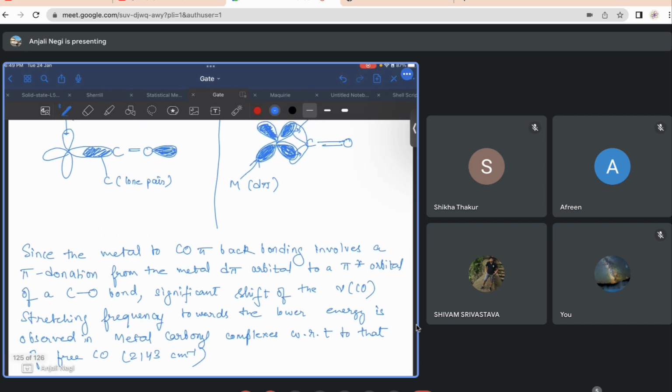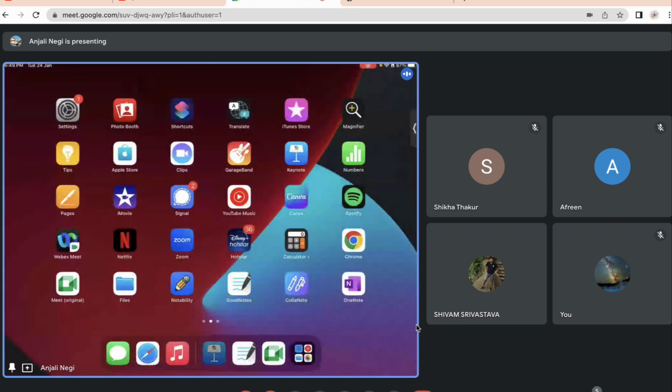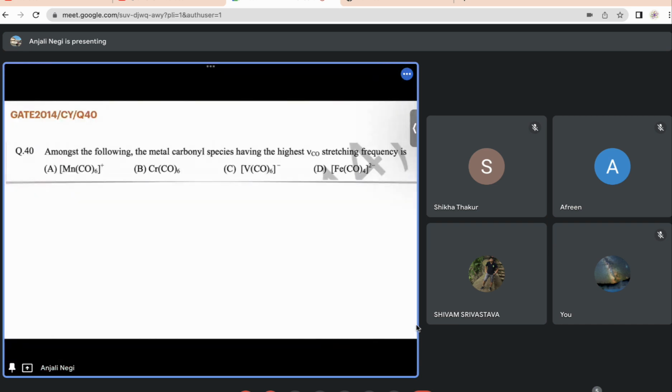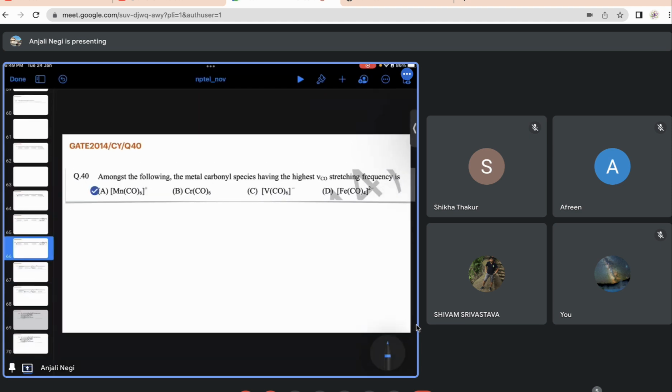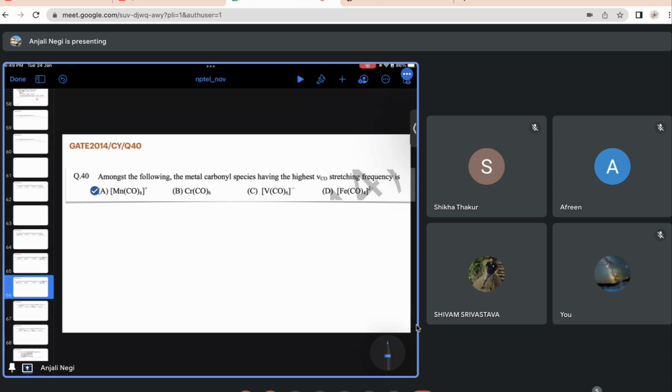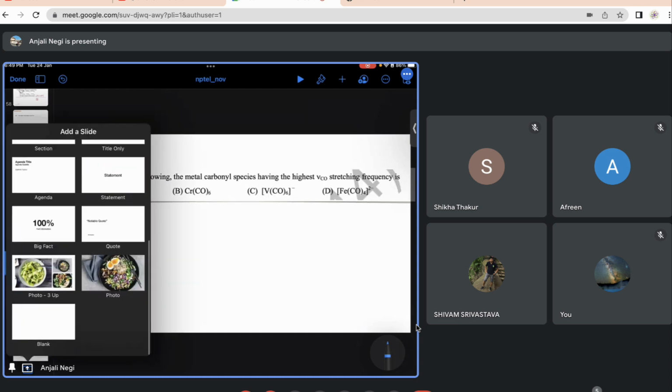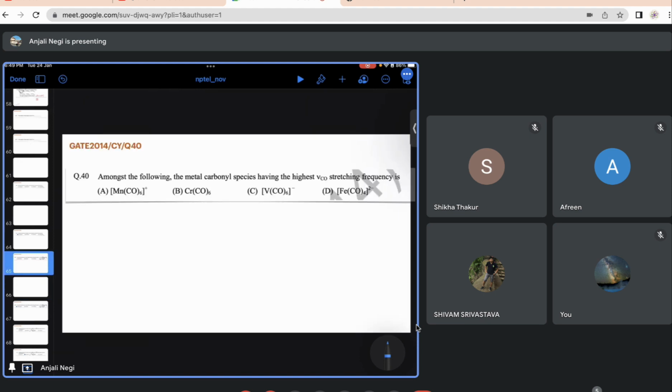now for this case let's find out the charge on the metal.